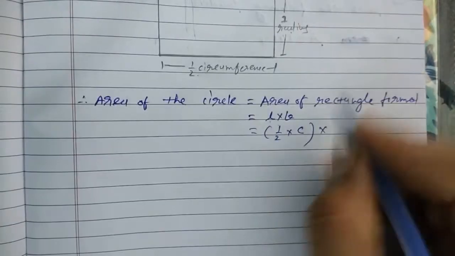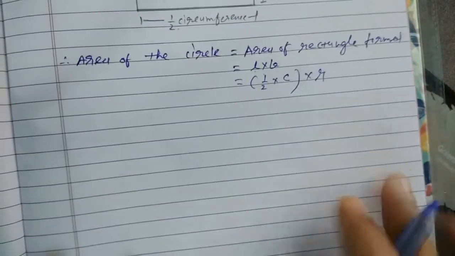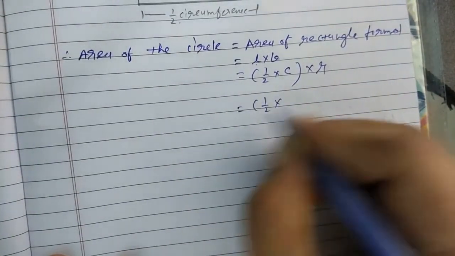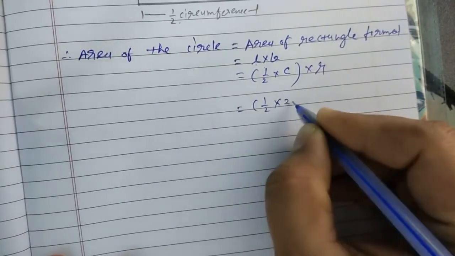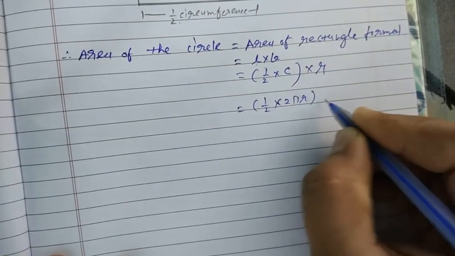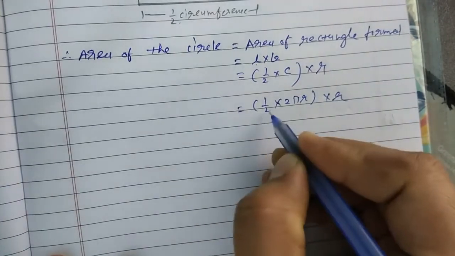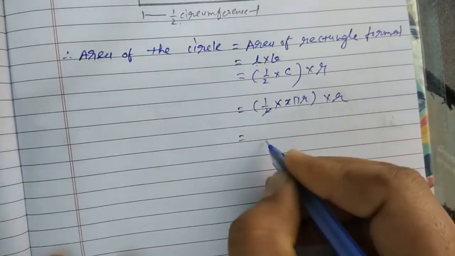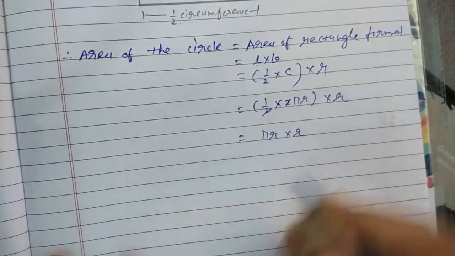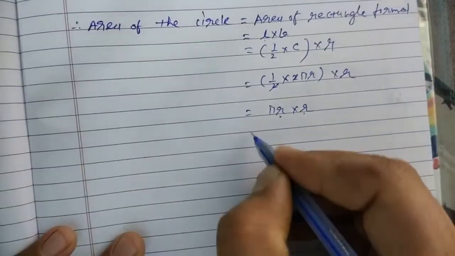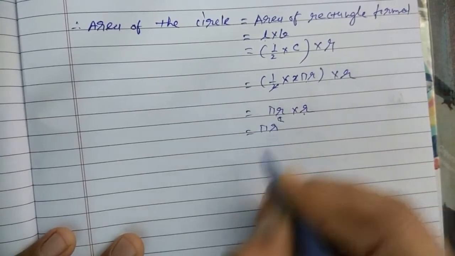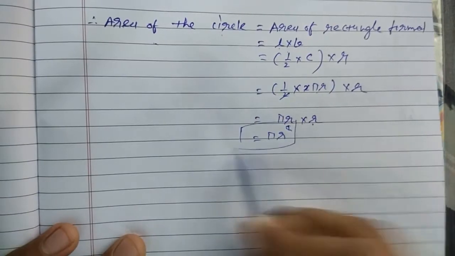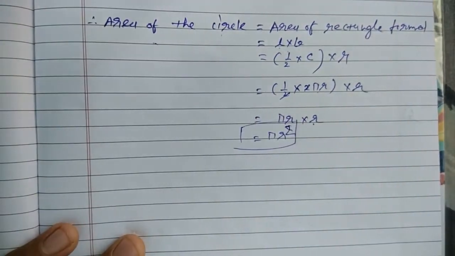One radius, so we will write R. 1/2, and the circumference is 2 pi R, multiplied by R. This 2 and this 2 cancel. What remains? Pi R multiplied by R, R multiplied by R is R square. So pi R square. So the area of the circle is pi R square.